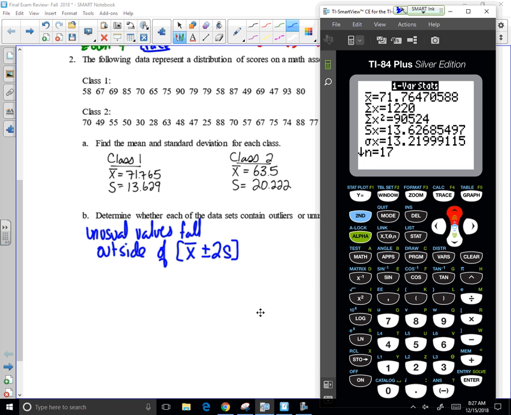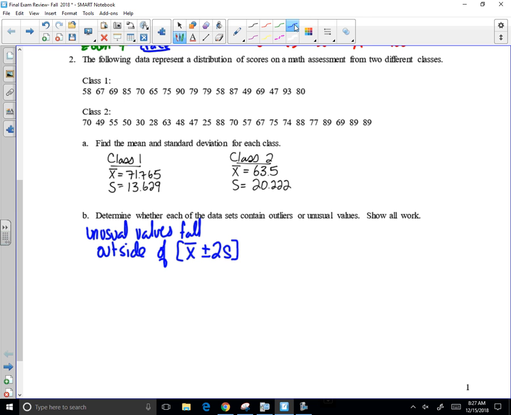All right. Now, the calculator understands x bar, but it understands s as s sub x. So that's how I'm going to note it here, s sub x, little tiny x.